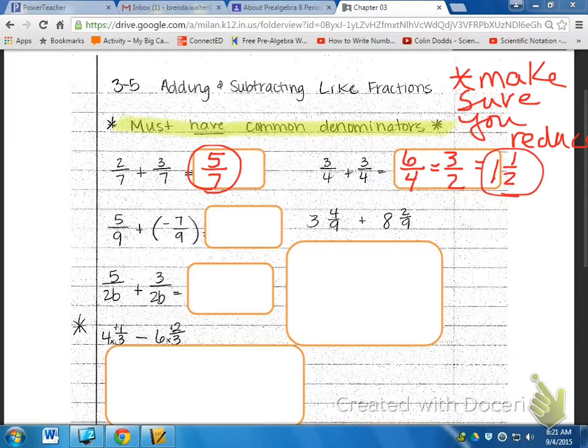Okay, Tori, 5/9 plus -7/9. We made a rule way back when that we don't do double signs. And since the signs are different, what should we really make the one sign? Minus. So you're going to have to rewrite this problem to 5/9 minus 7/9.